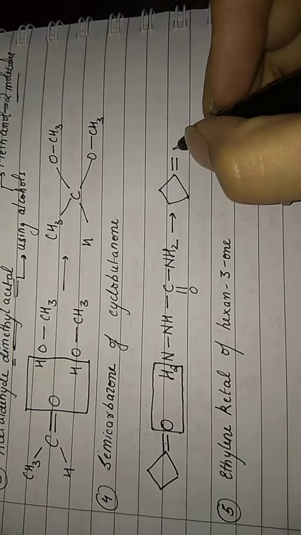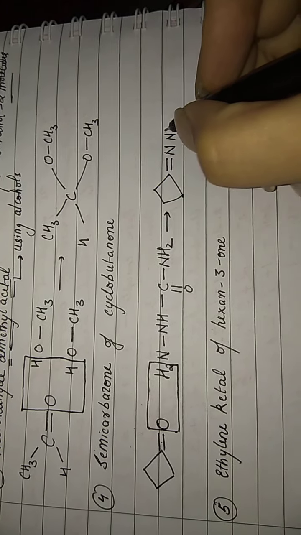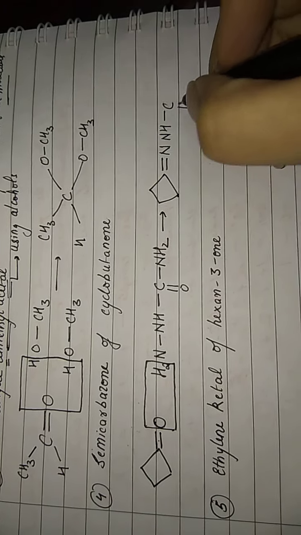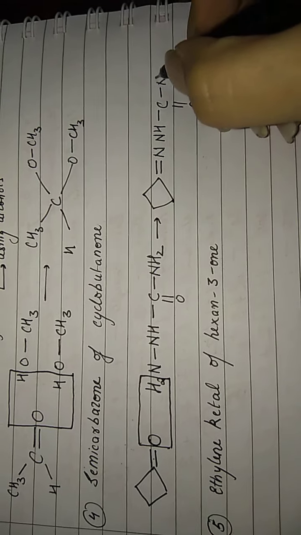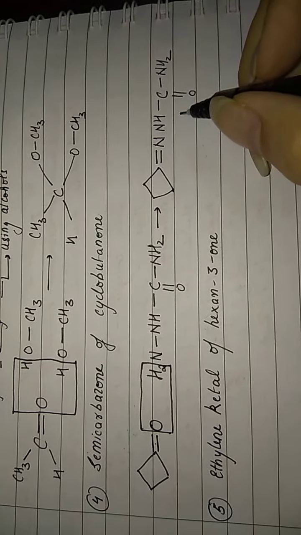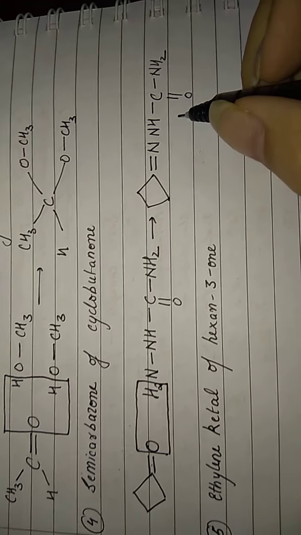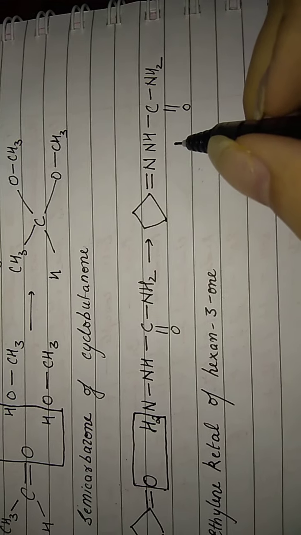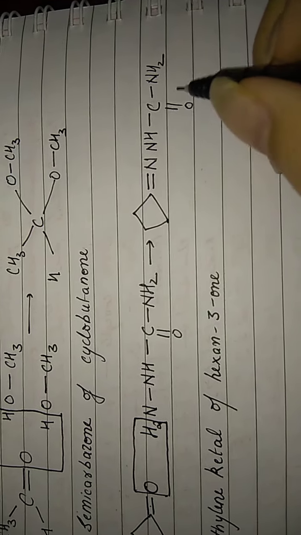Double bond, and after the double bond I directly jump to NNHC double bond ONH2. So this derivative will be called semicarbazone of cyclobutanone, or you can also call it cyclobutanone semicarbazone.